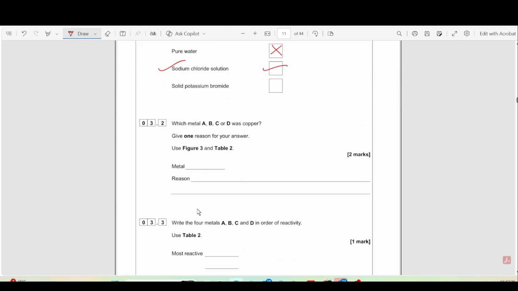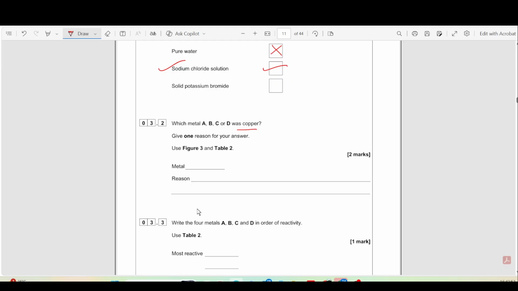Which metal, A, B, C, or D, was copper? Give one reason for your answer. Copper is often the metal that produces a positive but low voltage, so when it is paired with a more reactive metal like zinc or magnesium, it produces low voltage.